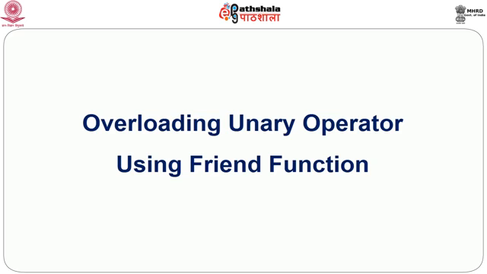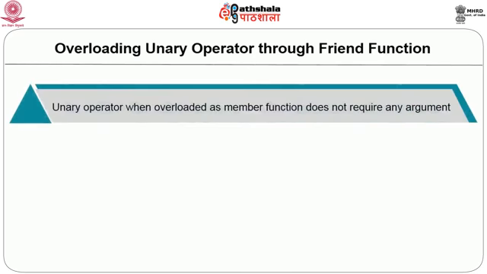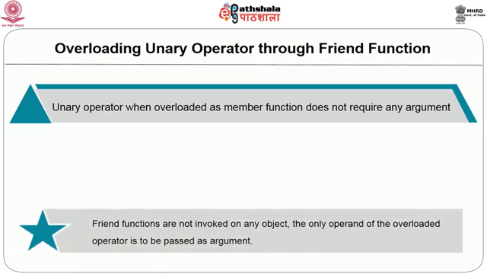You may recall that the unary operators can also be overloaded as a member function, and when they are overloaded using member functions, it does not require any argument to be passed, for the simple reason that a unary operator has only one operand, and that operand will be the invoking object for the overloaded operator function.